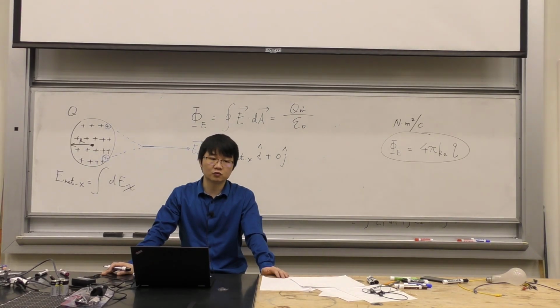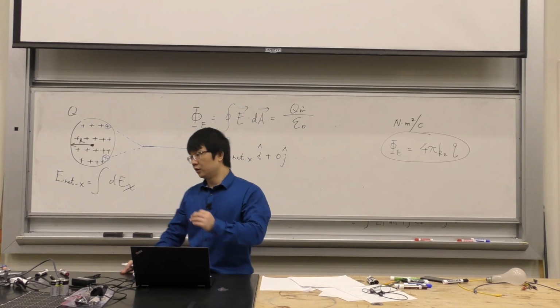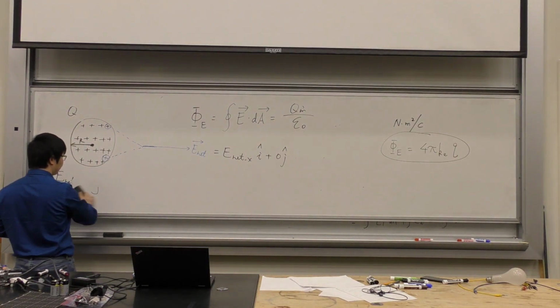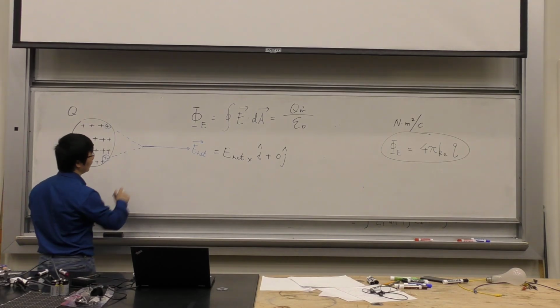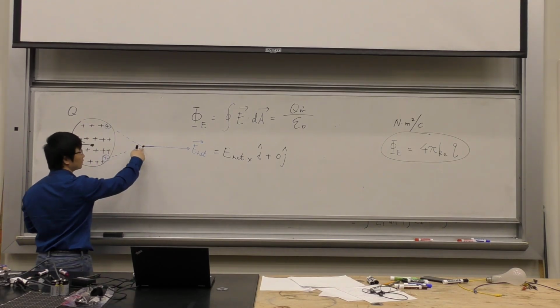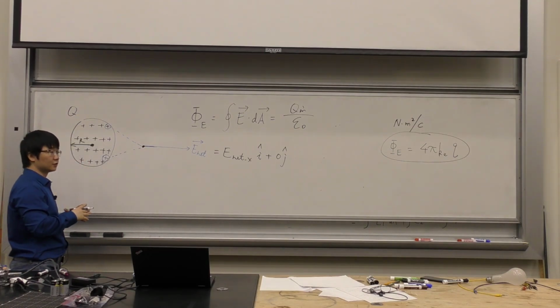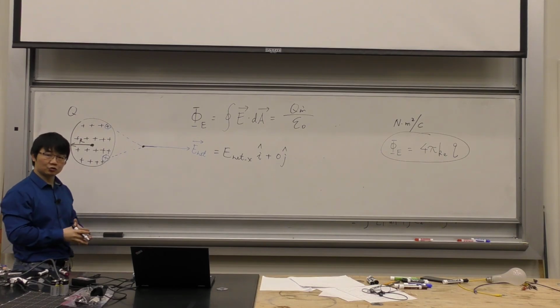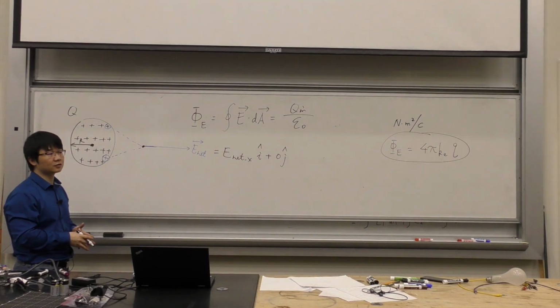I don't want to have the electric field inside the integral. So I want to find a surface to help me figure out the electric field at this point, and I also want the surface to have all these electric fields with the same magnitude. How would I draw the surface?